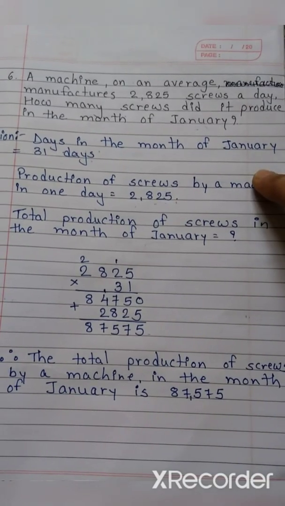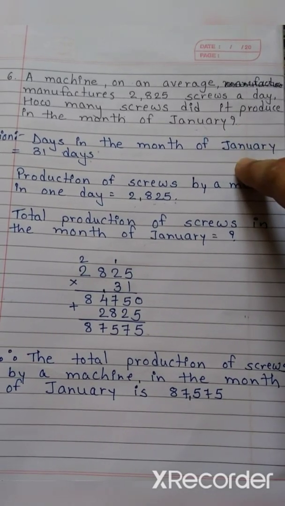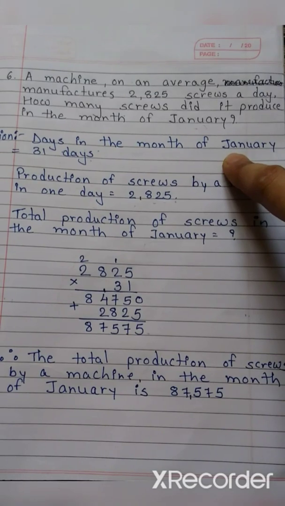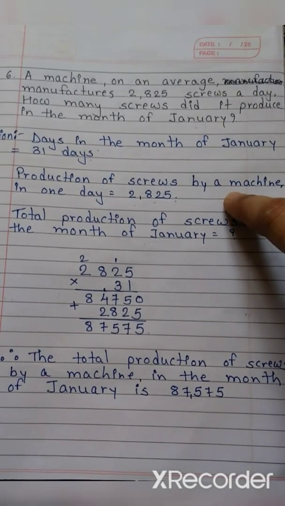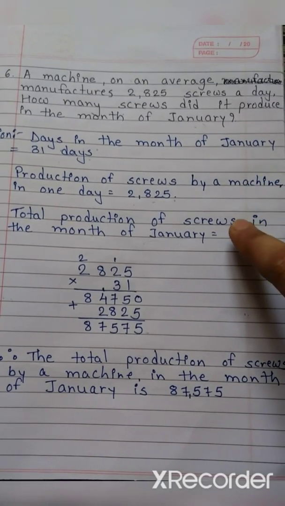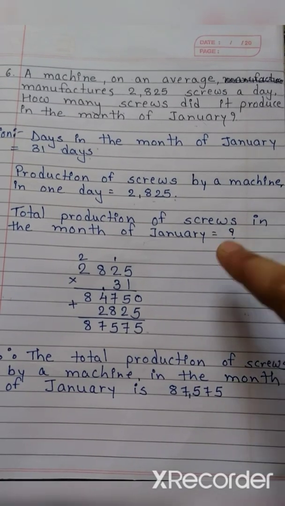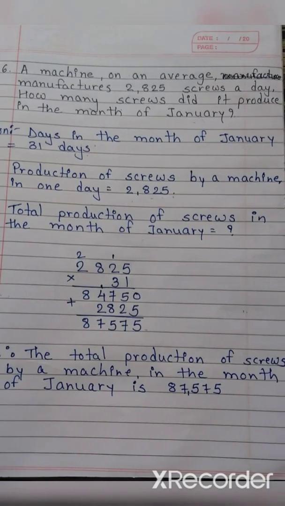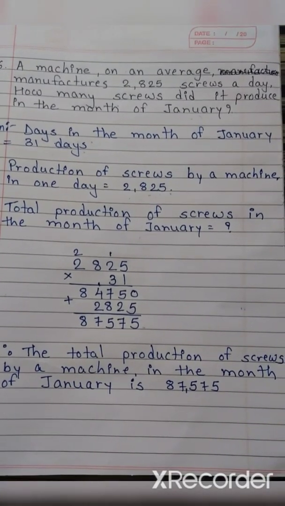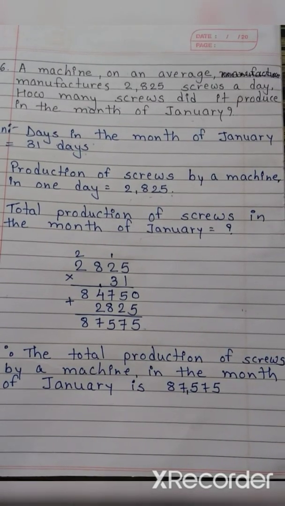Days in the month of January equal 31 days. Now we need to find out the total production of screws in the month of January. So we will multiply both the numbers. As a result, we got 87,575.